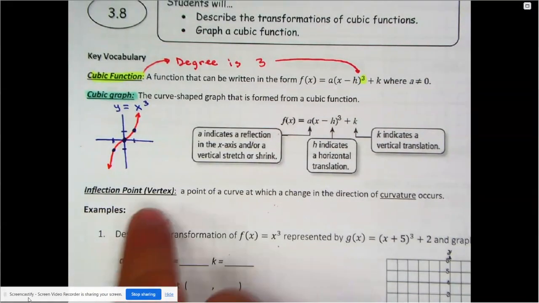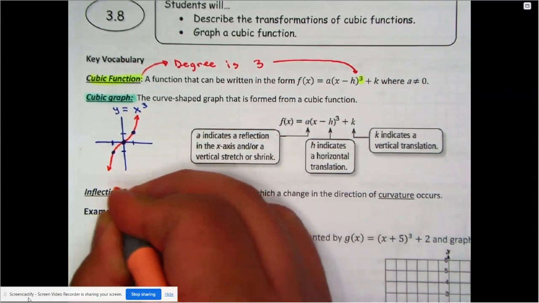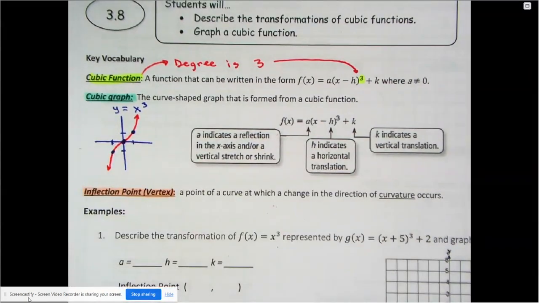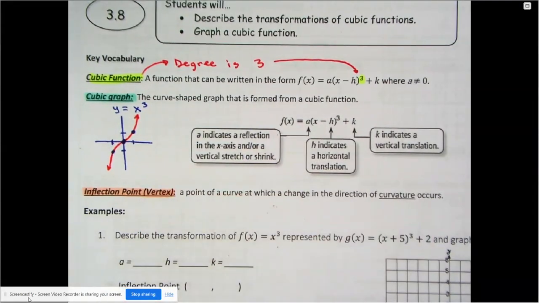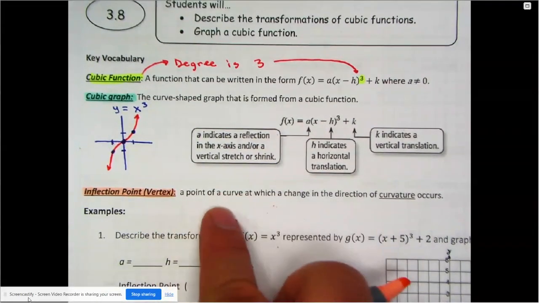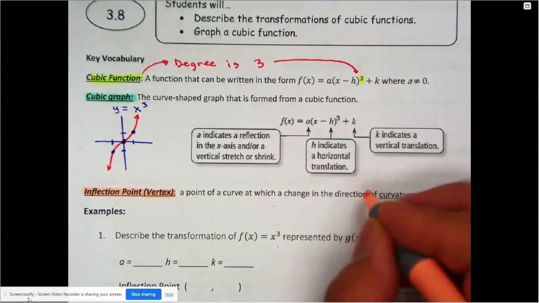And we have a vocab word coming up shortly that we'll mention here. Actually, let's do it now. It does say that when you have something called an inflection point, it's kind of what we call the vertex. Normally a vertex, we call it a turning point. A vertex is usually for parabolas and other curves like it, but it is a point of the curve at which a change in the direction of curvature occurs.